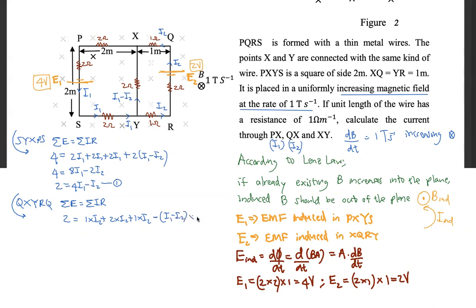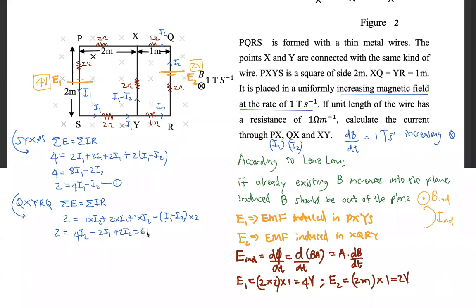Do you hope you all understood how this minus came? I'm applying the equation in the anticlockwise direction. This current, this current, and this current are in the counterclockwise direction, but this one is in the opposite direction. That's why this minus. So 2 equals I2, 2I2, I2, 4I2 here. Here minus I1 into 2 is minus 2I1. Minus into minus becomes plus, plus 2I2.